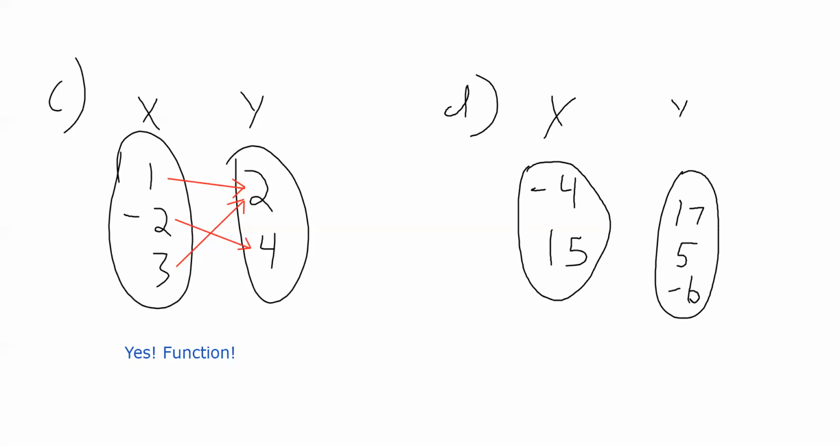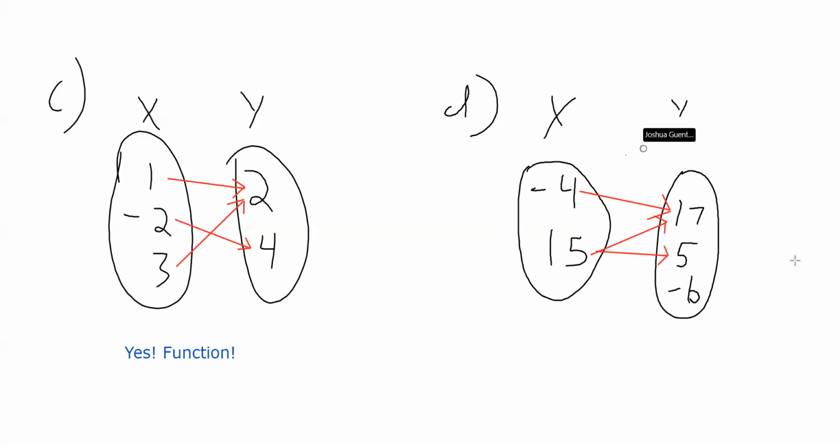So let's see what's going on here, Pilgrim. Negative 4 is pointing to 17. 15 is pointing to 5. 15 is also pointing to 17. And then negative 6 is all on its lonesome.